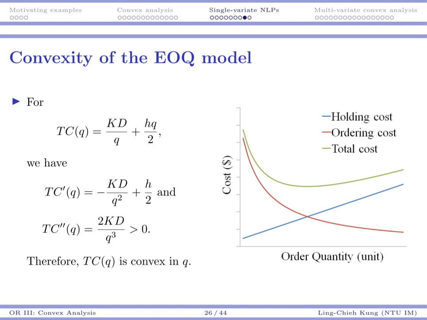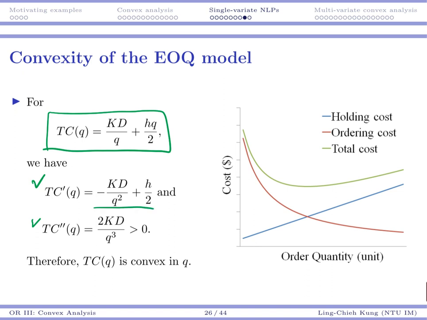So now what we may do is, okay, this is our total cost function. We may take a first order derivative and a second order derivative. For the first order derivative, you may see that your Q as the denominator is going to be Q squared in the denominator. On the contrary, the Q in the first order term disappears.